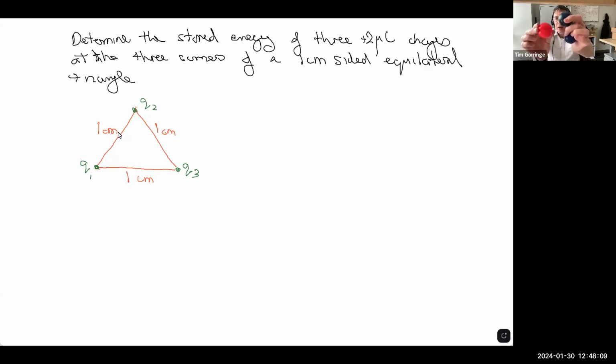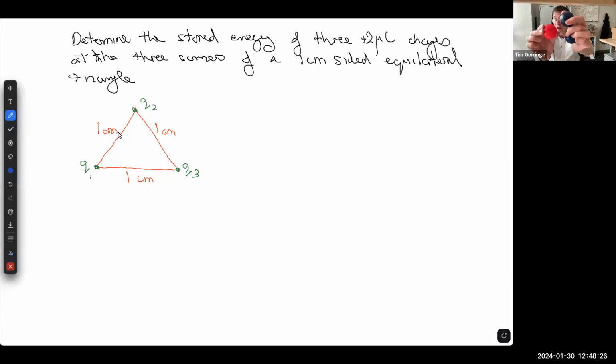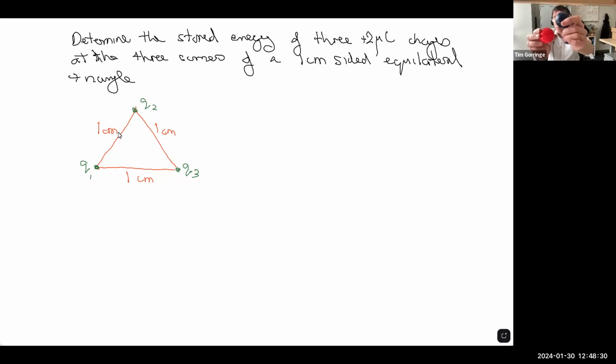If we add up the energy of each of those 3 pairs, so K, Q1, Q2 over R, plus K, Q1, Q3 over R, plus K, Q2, Q3 over R, if you add up those 3 contributions from the 3 pairs to the energy, you get the total electrical energy of the complete arrangement of three charges.